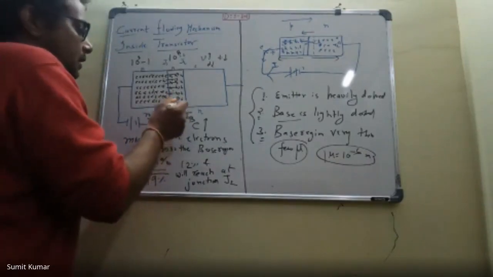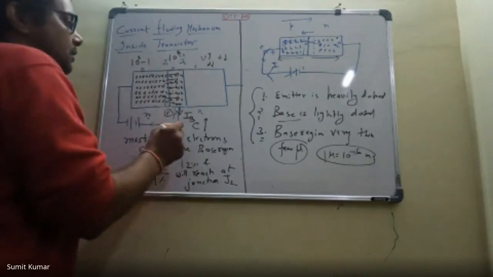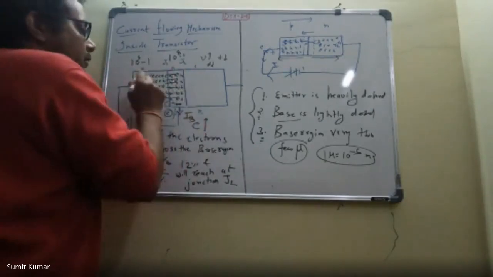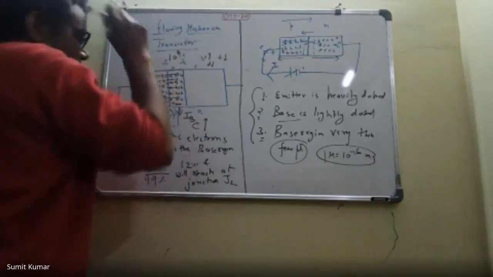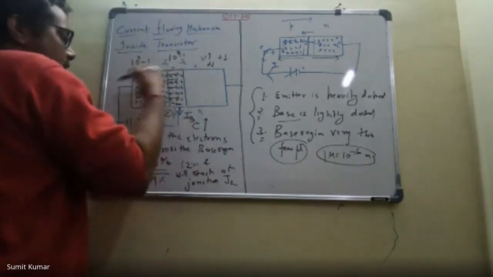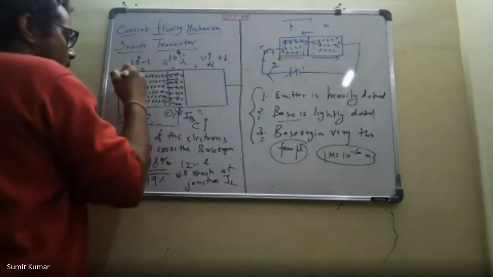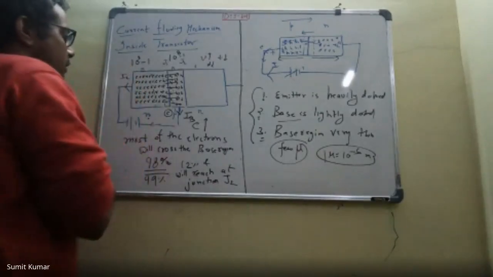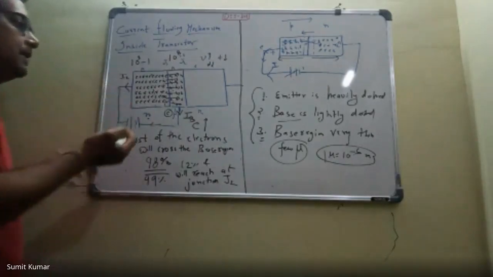So this is the base current because of recombination, and the electrons are moving here. We know that if electrons are moving, then definitely there will be some current. So this current, in this direction, will be the emitter current.